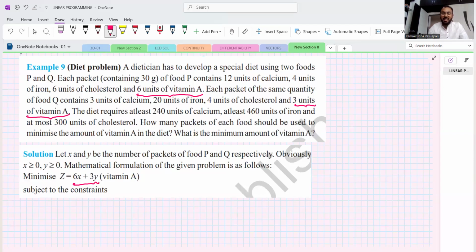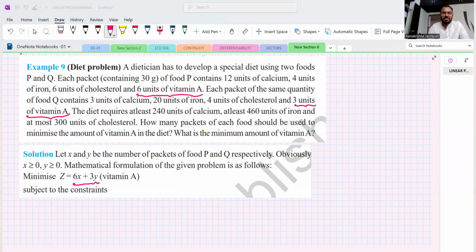What are the other constraints? For food P, you must use 12 units of calcium, 4 units of iron and 6 units of cholesterol.